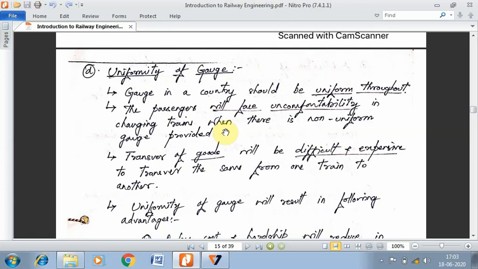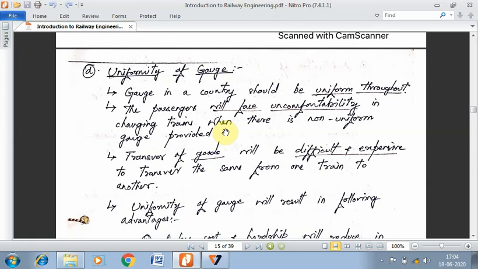All these variations in the gauges lead to discontinuity of travel, because the vehicles meant to travel on a broad gauge cannot be operated on a meter gauge or narrow gauge, because their physical dimensions will be different, right? The wheel size, the axle size, and the speed that can be achieved.